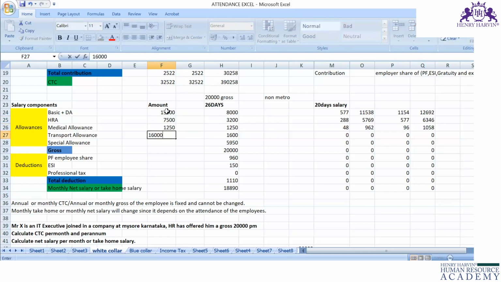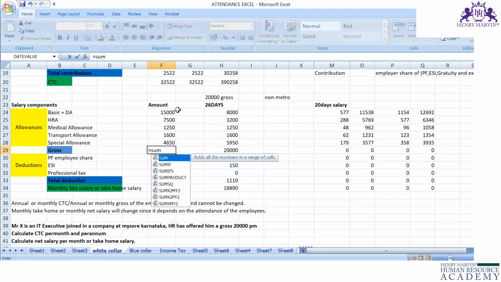Transport 1,600. Gross is the sum of all the salary components: basic plus DA, HRA, MA, and TA.